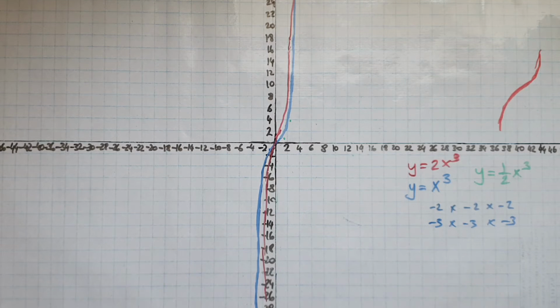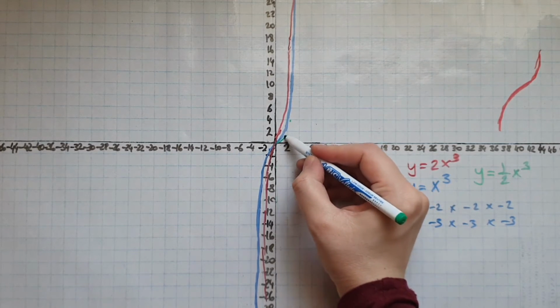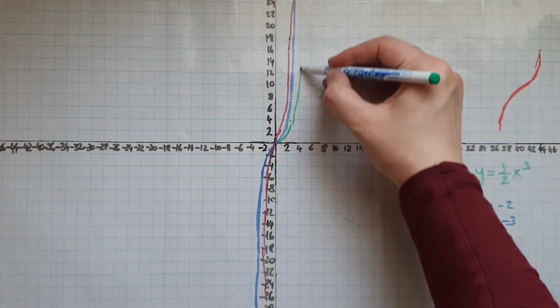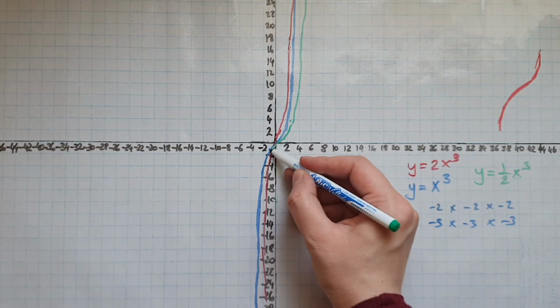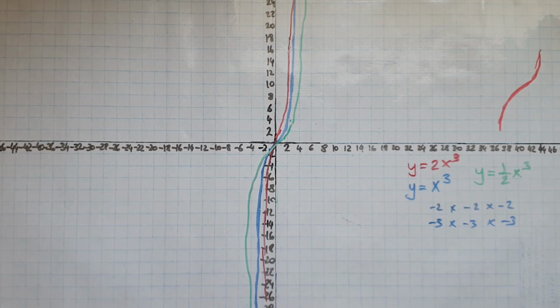When x is equal to 4, we get 32. So this is a bit wider than the other ones we've just seen. So it gives you an idea. It's not perfectly drawn either.